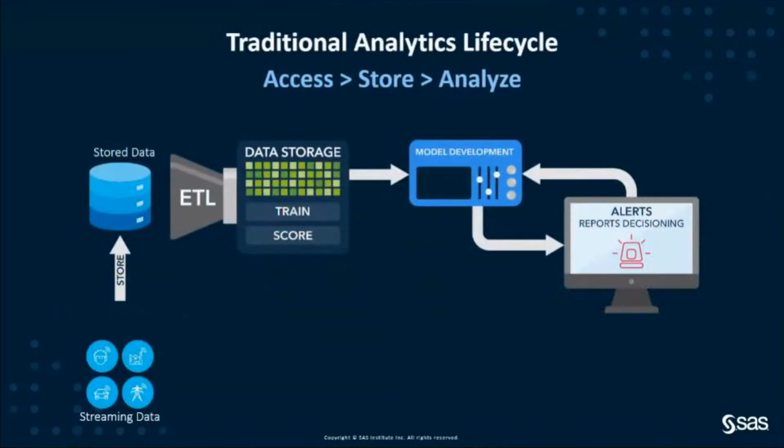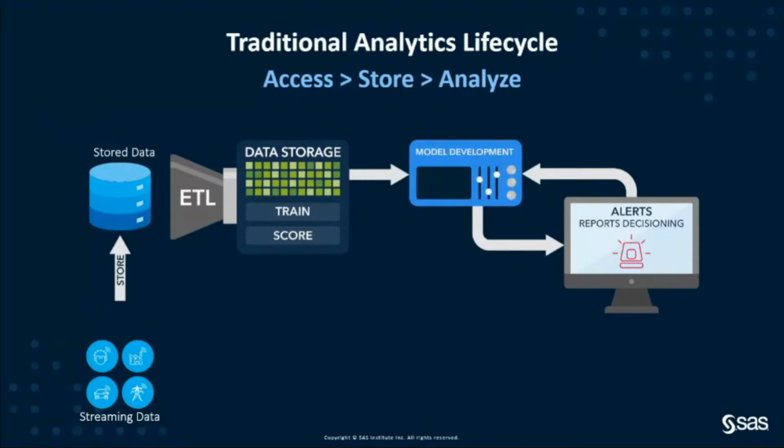What we see as the traditional analytical life cycle is that we keep the data, we store the data, then on top of the data we train it, we score it, and we create the models. Based on what we have learned and scored, we create alerts and reports, visualize what's happening, and provide predictive analysis.